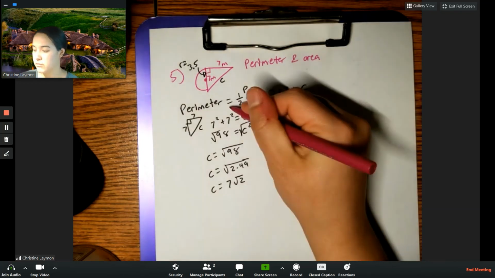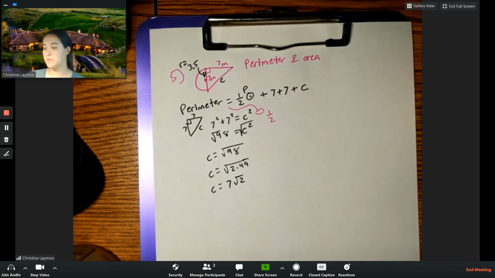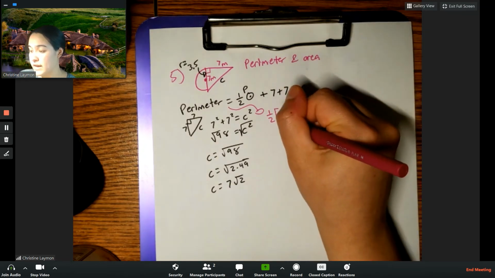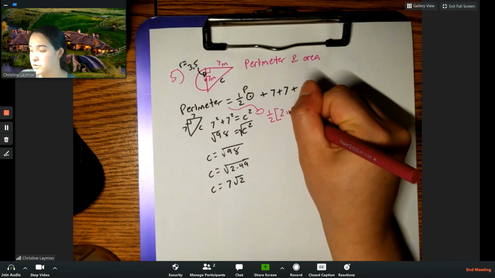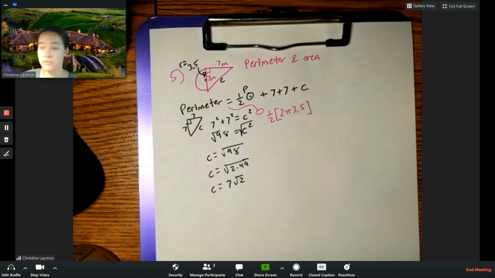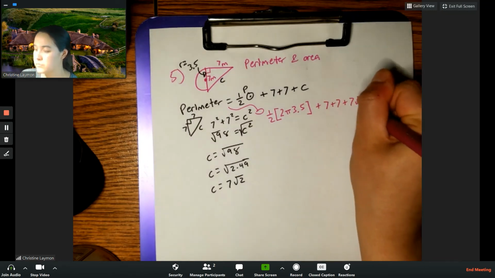So I'm just going to go ahead and draw an arrow. So we have 1/2 of that perimeter of the circle, that circumference basically. So what I'm looking at there is going to be 1/2 times 2 times pi times r, which is 3.5, plus 7 plus 7 plus 7 root 2.